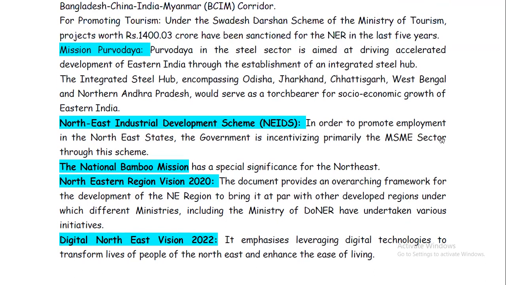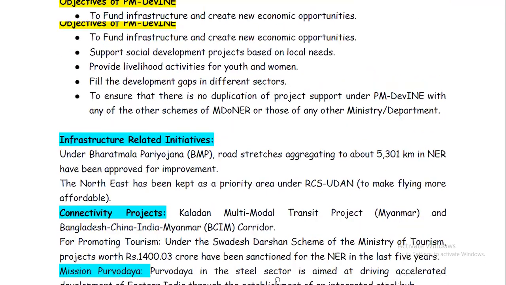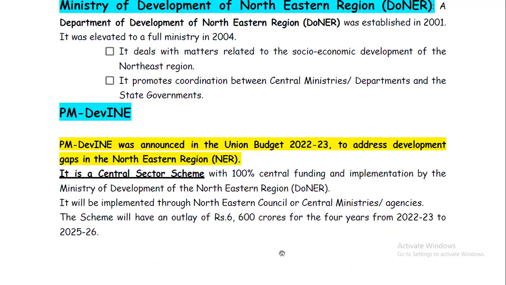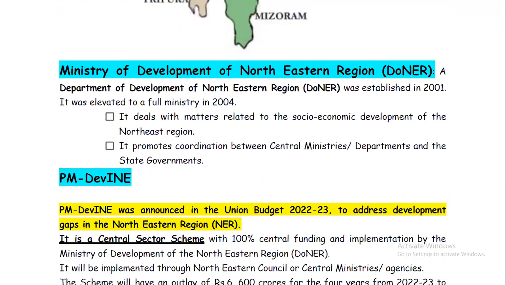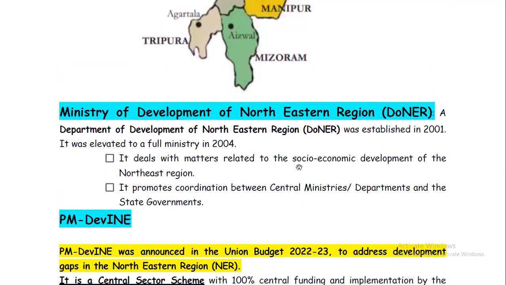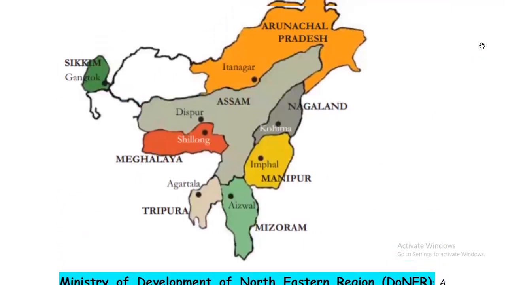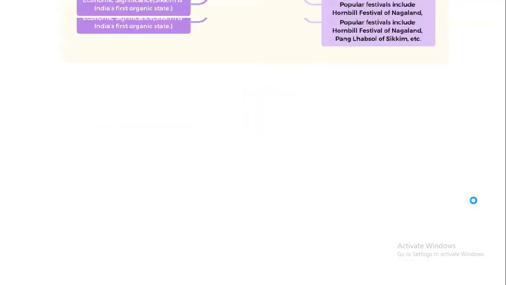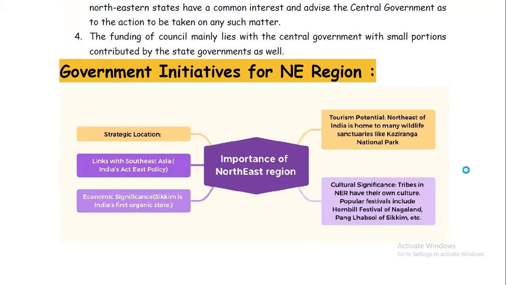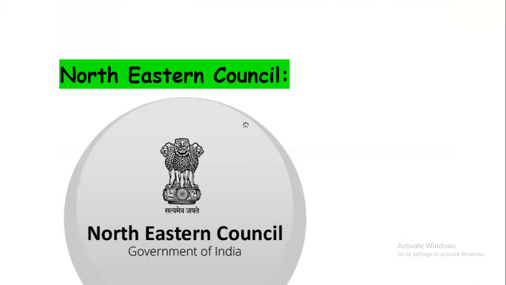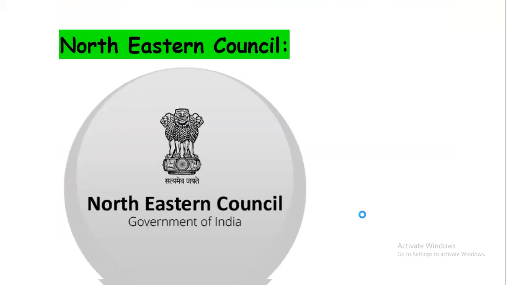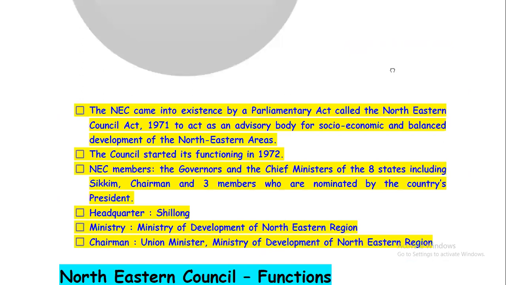All right. So we have discussed almost all of the initiatives taken by the central government of India towards the development of the Northeastern region. Today, first of all, we discussed one of the very important councils, the Northeastern Council, whose task is to advise on the socio-economic and balanced development of the Northeastern region.